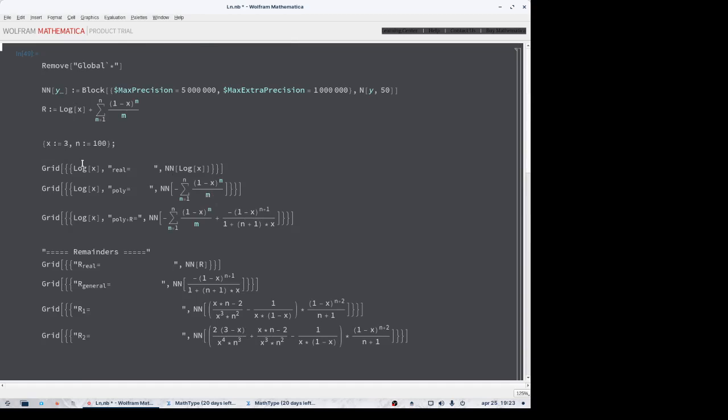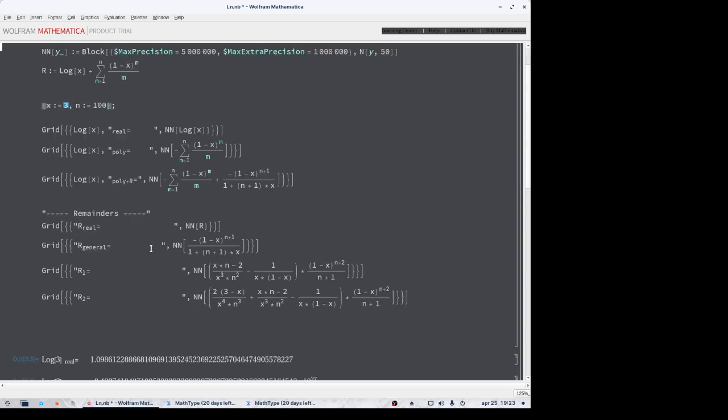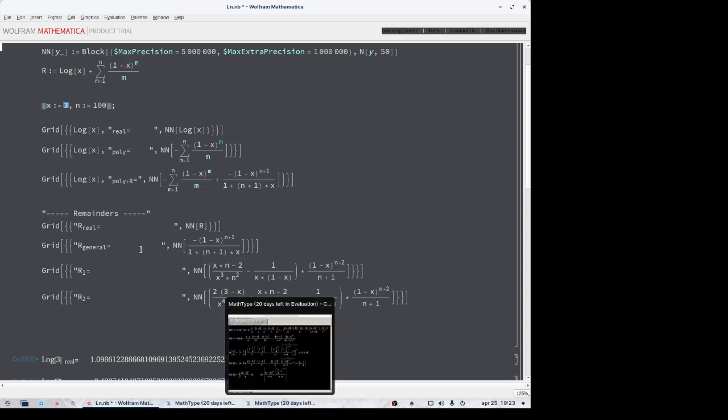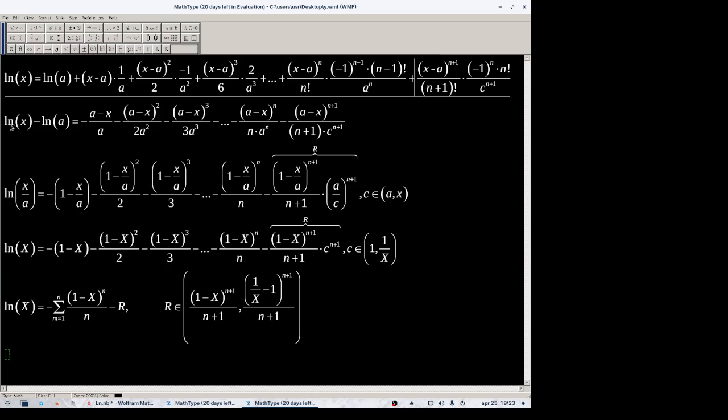So in normal conditions you cannot use the Taylor formula for greater values. The only thing that can be done here is using the trick that we used also here: the logarithm of x over a is a difference between the logarithm of x and the logarithm of a.